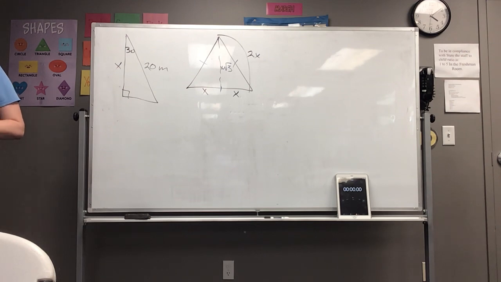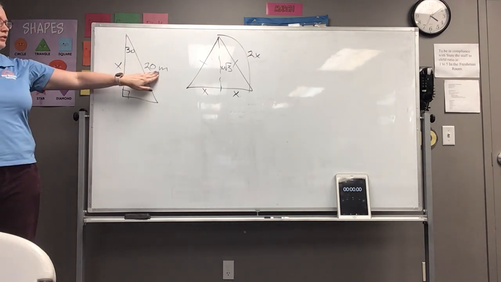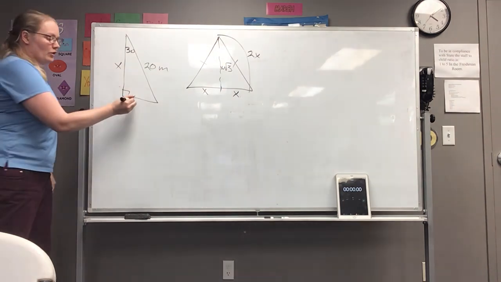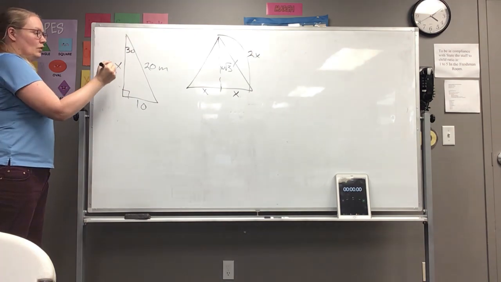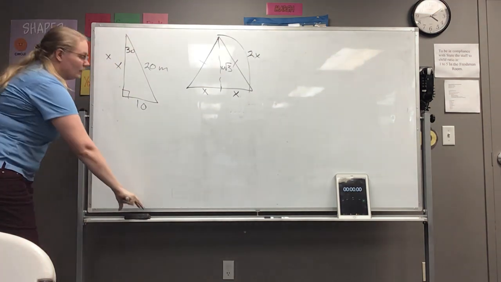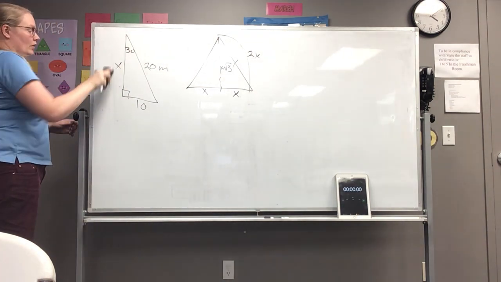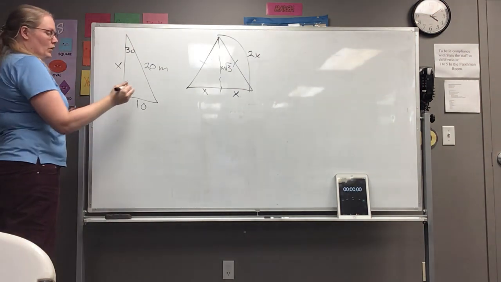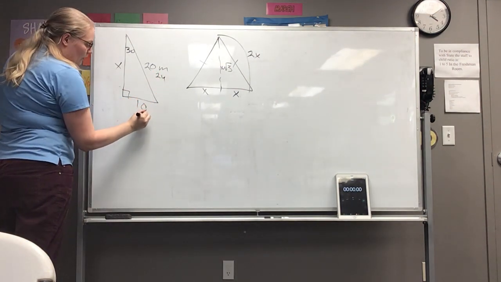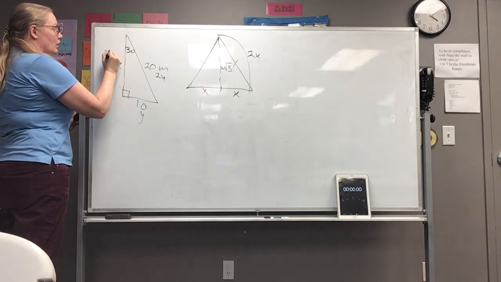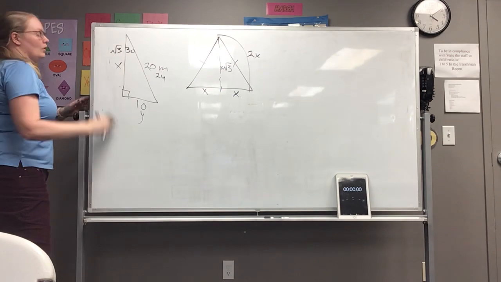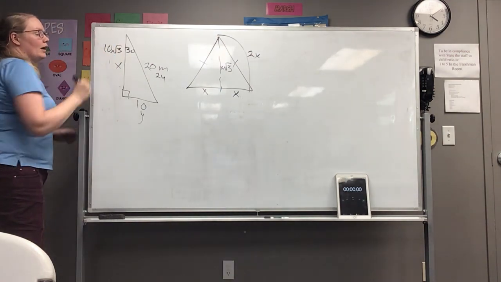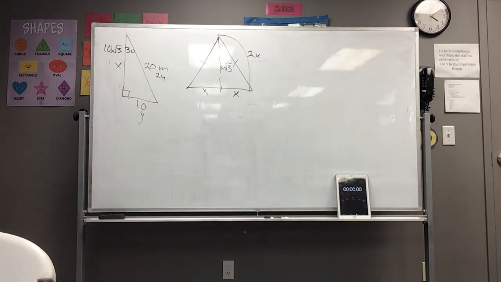So if this is 20, down here is only 10, and this is going to be, the x is getting confusing, so we'll just say this is 2y, this is y, this is y square roots of 3. We replace y with 10. And so it is 10 square roots of 3 for our length.